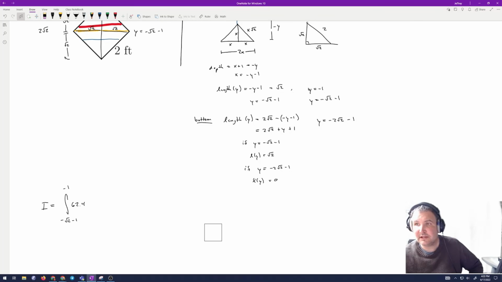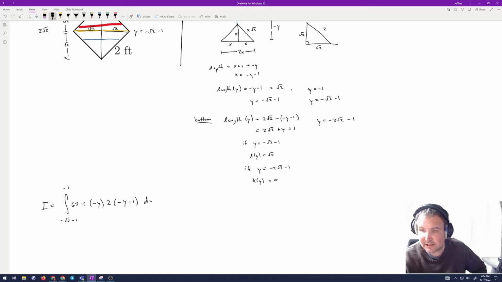Okay, and then our depth right now is going to be negative y, right? Because that's how far it is down. Okay, and then our length. And the length of the first one is negative y minus 1. So we're going to have 2 times negative y minus 1 dy.